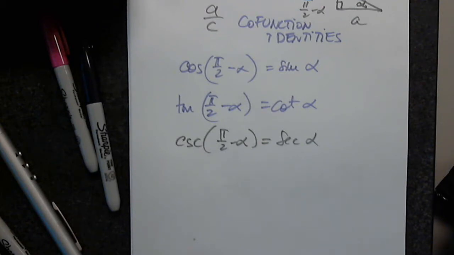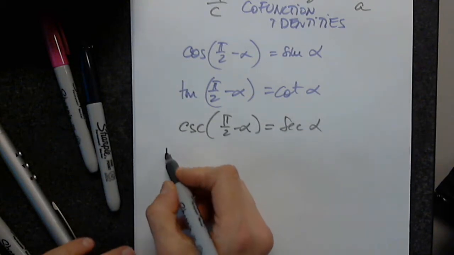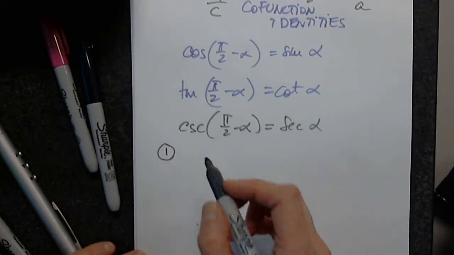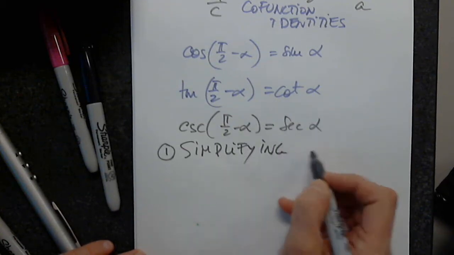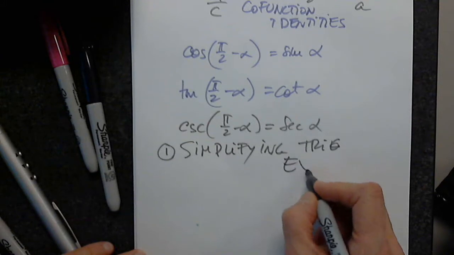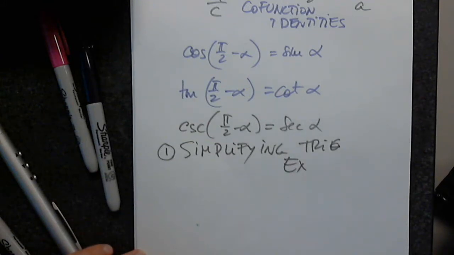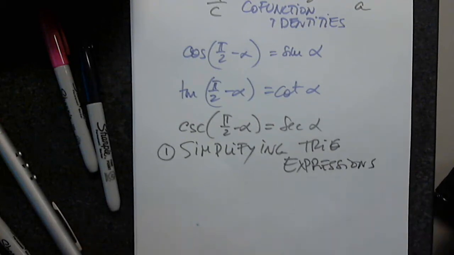Okay. So in this section, the first item is simplifying trig expressions. I'm not saying identity, I'm saying an expression. Simplifying trig expressions.